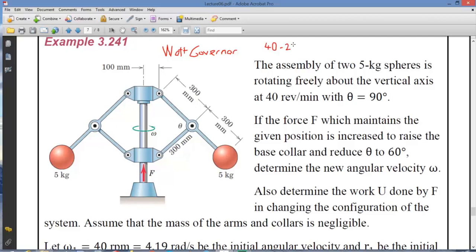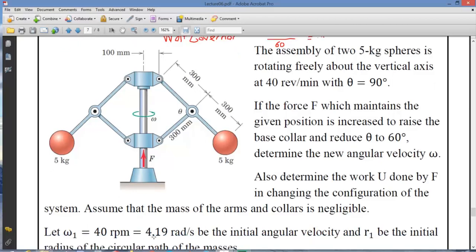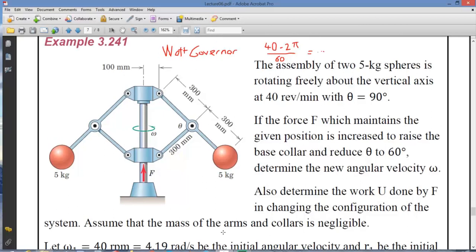So 40 times 2 pi, and then to find how many rotations in each second, you need to divide that by 60. That would give us the result in radians per second. I think it's written out over here. So it's 4.19 radians per second. Anyways, going back to this question.